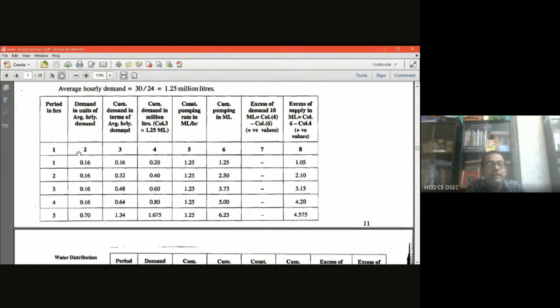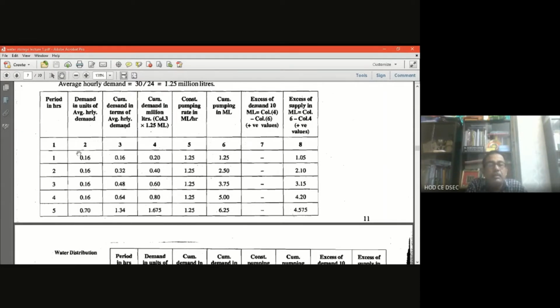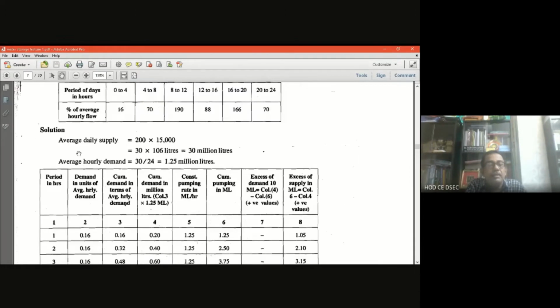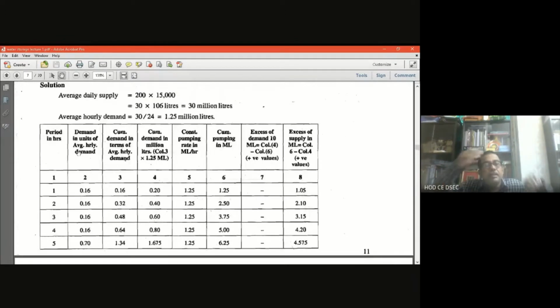Now what is the cumulative demand? The cumulative demand is 0.16 plus 0.16, that is 0.32. Now, what will the cumulative demand be in million liters? The average hourly demand is 1.25 million liters.